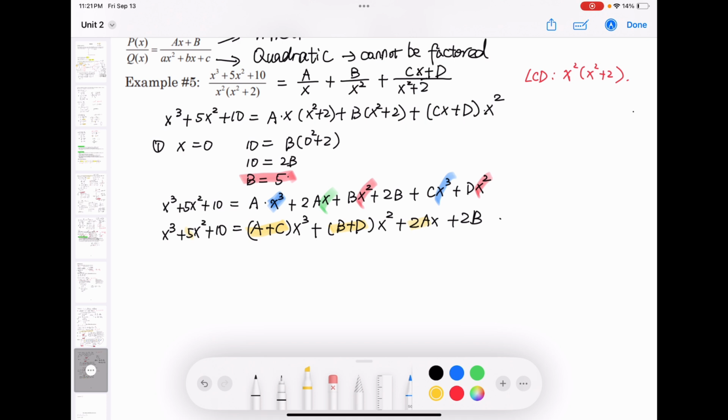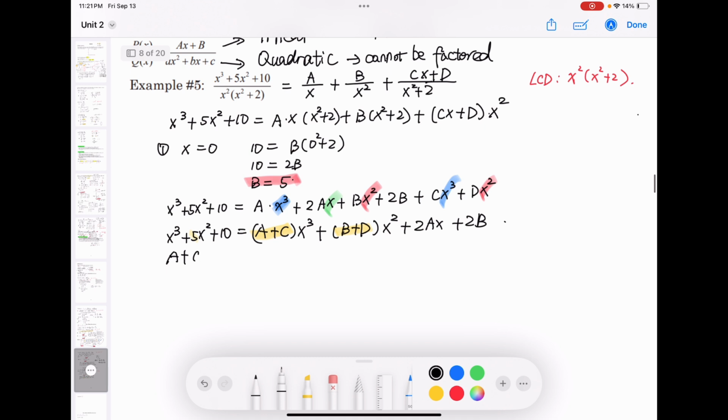That means 2a is 0 and 2b is equal to 10. So starting from a plus c equal to 1, and then b plus d equal to 5, and then 2a equal to 0, 2b equal to 10. We don't have to solve the last one because we got b's value, which is 5.